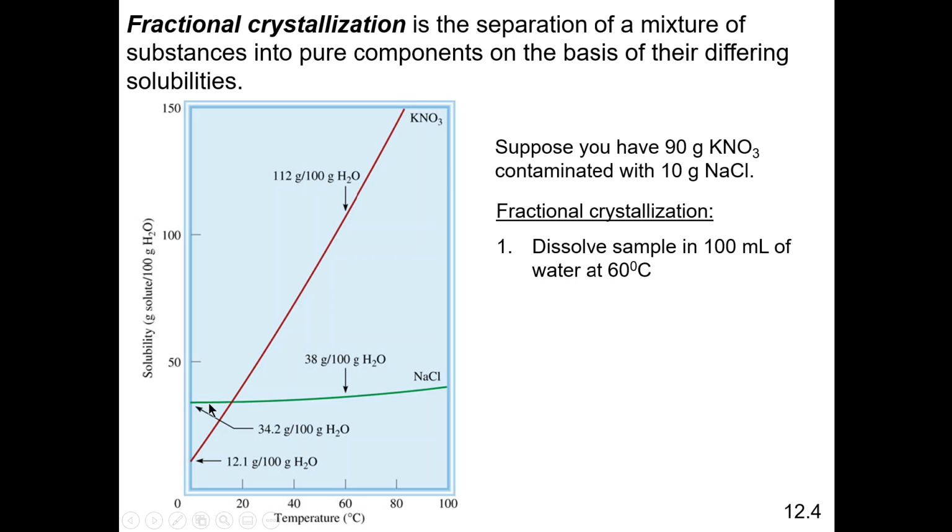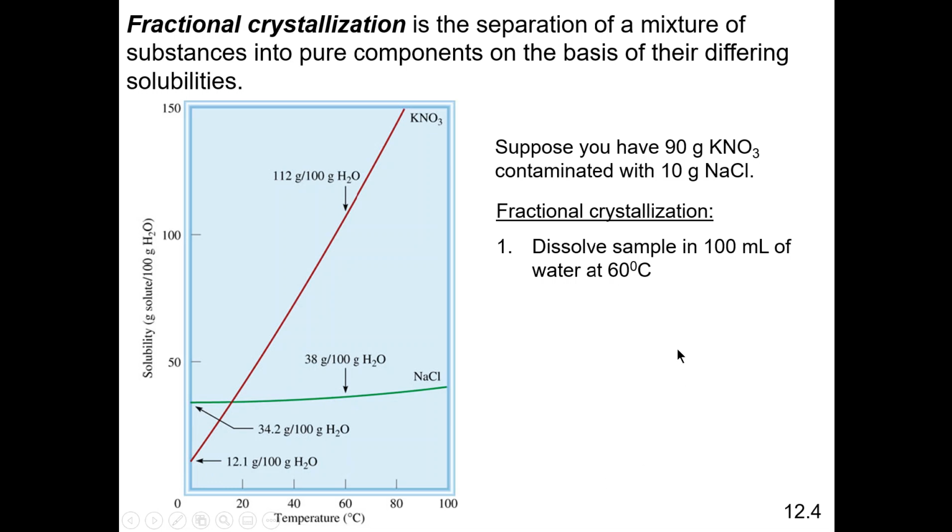In the case of sodium chloride in the same mixture, its solubility does not change much going from 0 to 100. So even at 0 degrees, the solubility of sodium chloride is pretty much the same as it would be at, let's say, 60 degrees.